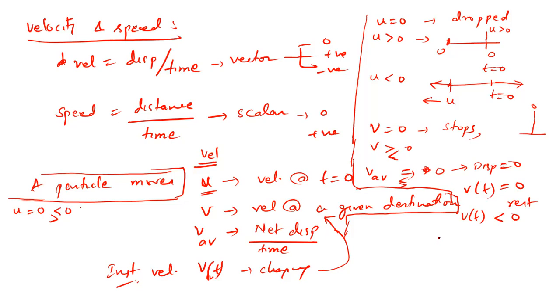That's it. When you have a difference in velocities, delta v less than 0, then the final velocity minus initial velocity is less than 0, and you can say something about it. But if the value of v is less than 0, it only means that there's a change in direction. It is moving in the opposite direction compared to the positive coordinate. That's it. So we have seen all these parameters.